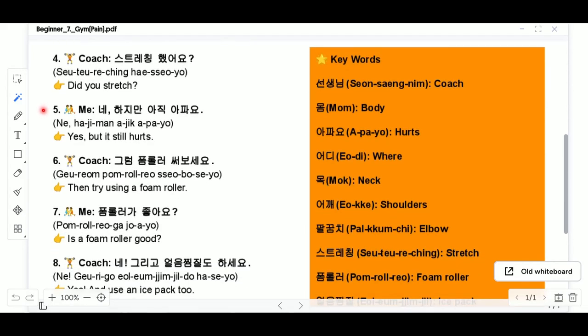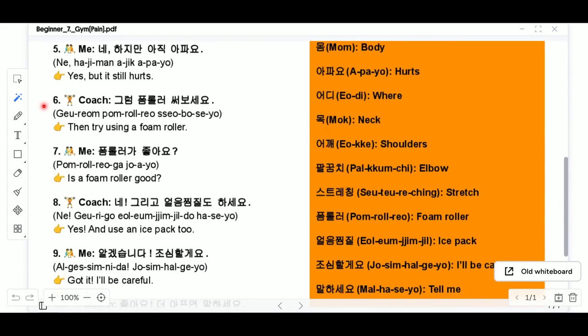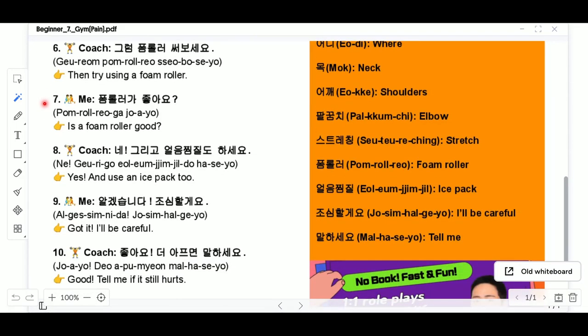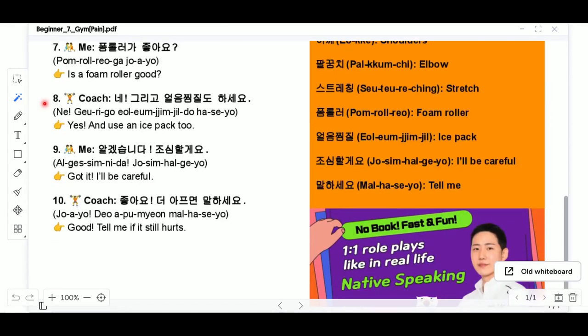Great. 네, 하지만 아직 아파요. 그럼 폼롤러 써보세요. Okay. 폼롤러가 좋아요? Okay. 네, 그리고 얼음찜질도 하세요. Great. 알겠습니다. 조심할게요. Great. 좋아요. 더 아프면 말하세요.